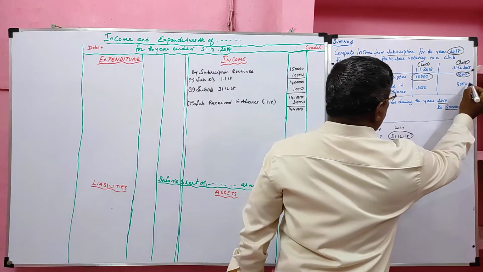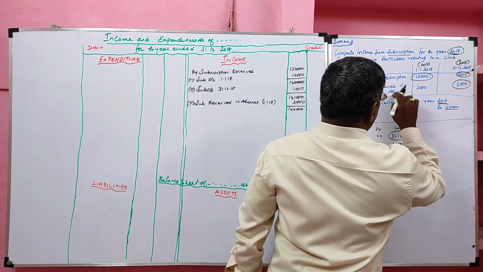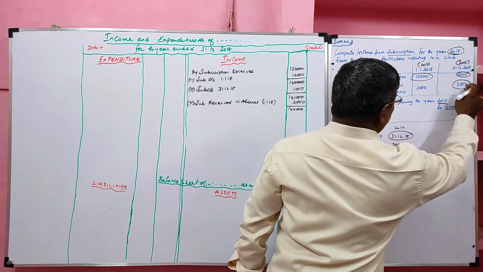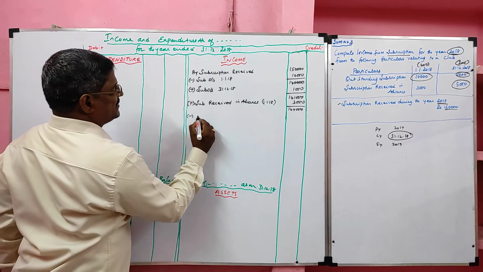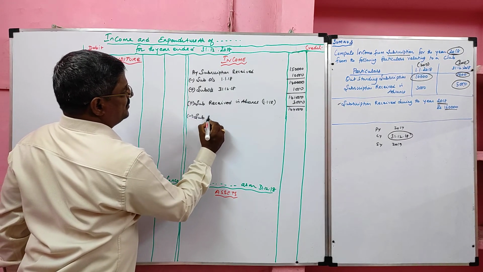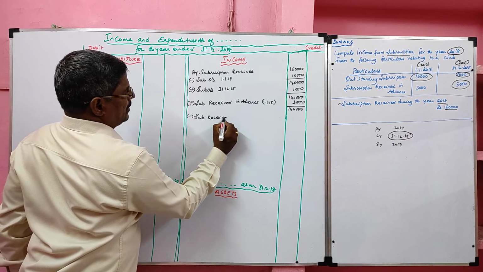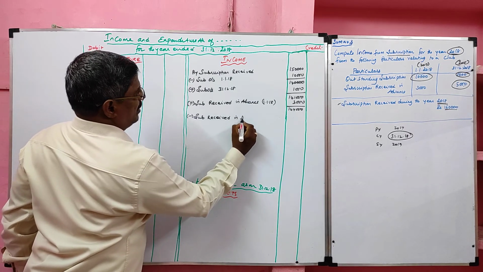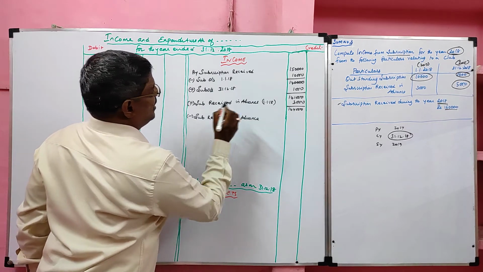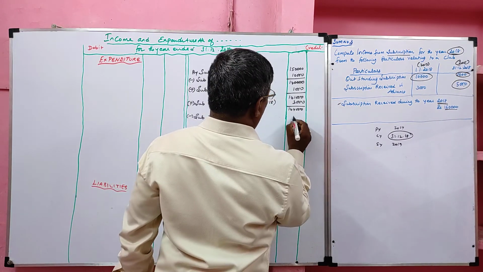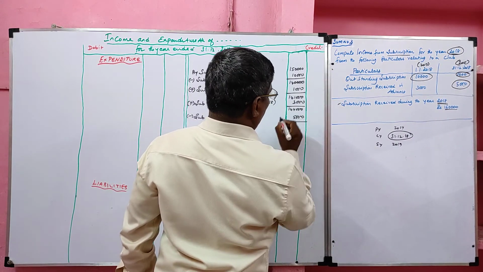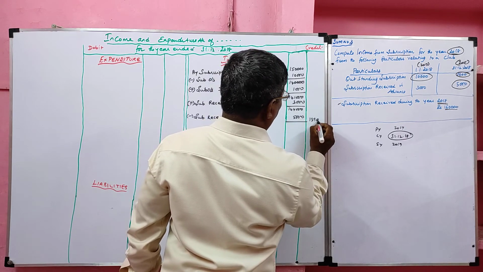Then this is subscription received in advance in the current year for the subsequent year. What we have to do? We have to deduct, minus subscription received in advance, how much? 5,000. We have to deduct, balance 1,39,000.